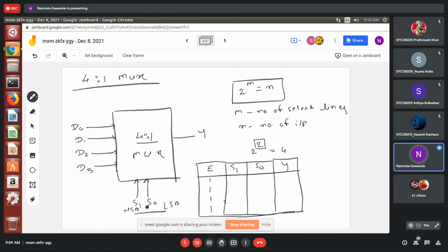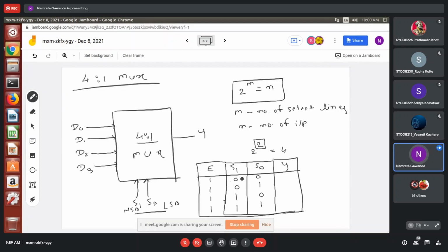Now there are two select lines, which means there may be 4 combinations. You know that for 2 bits, there are 4 combinations, right? 0 0, 0 1, 1 0, and 1 1. So with the help of these two select lines, there are 4 combinations, and based on this data input combination, one of the data inputs will be selected, right?